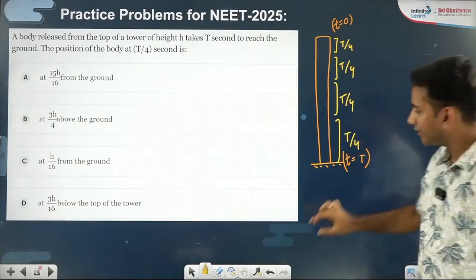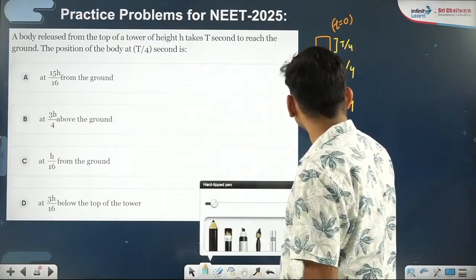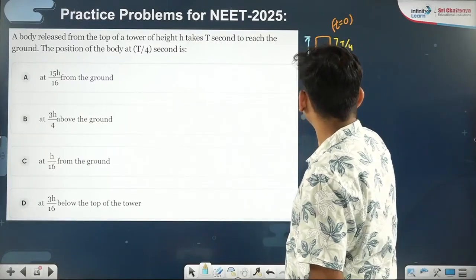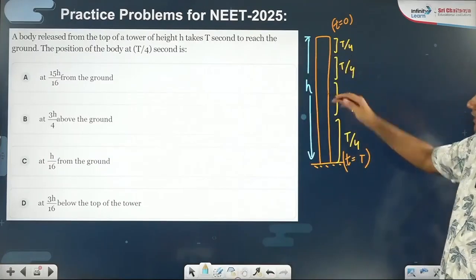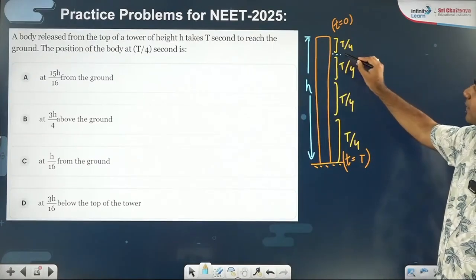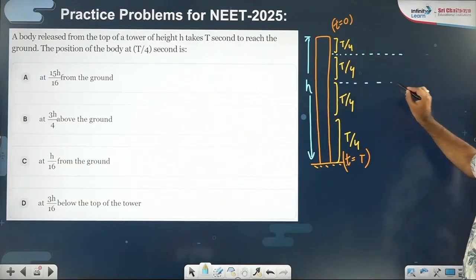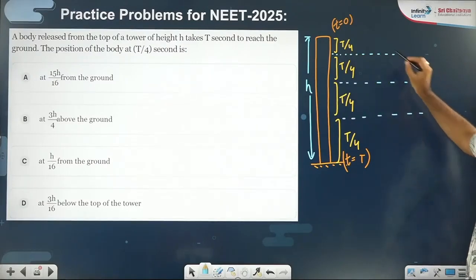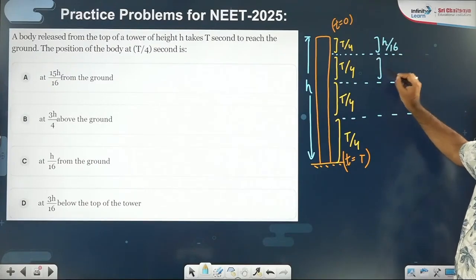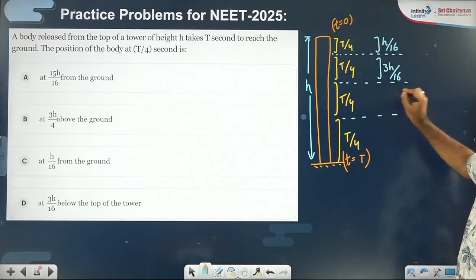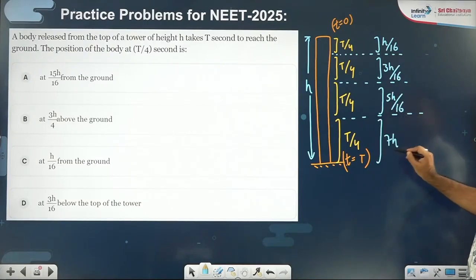The ratio is 1:3:5:7. If the total height from here to here is h, then as I told you in the last problem, the distances are h by 16, 3h by 16, 5h by 16, and 7h by 16.